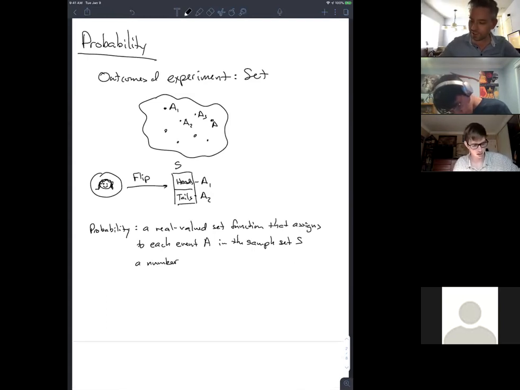What this looks like is you've got your function, which is the probability. It accepts one of these outcomes from your possible set of outcomes, and it gives it a number.